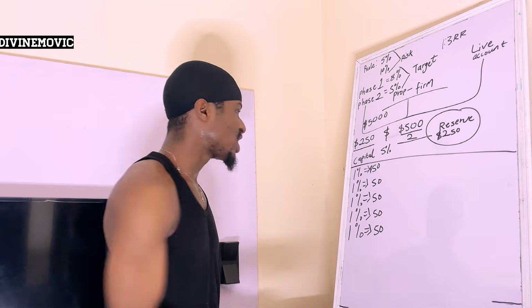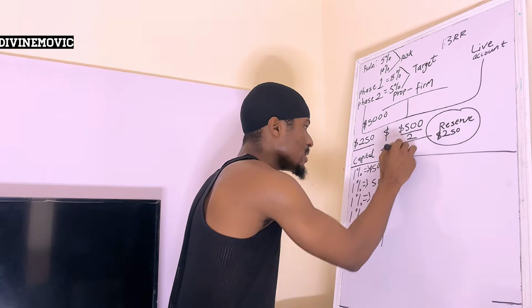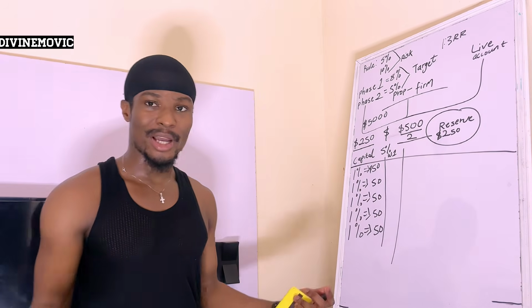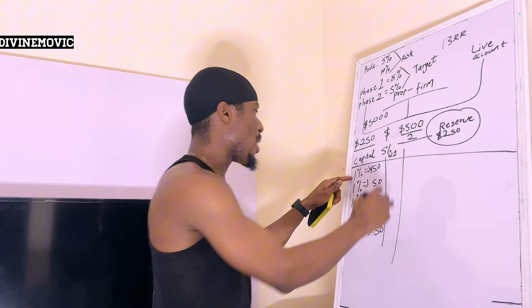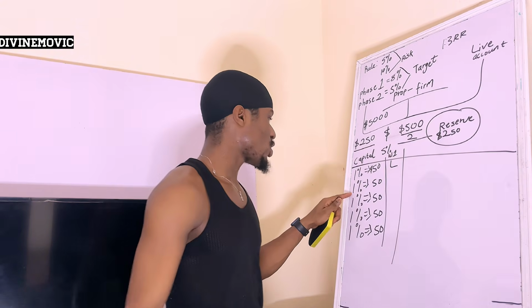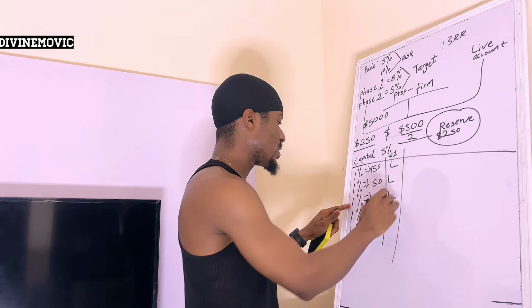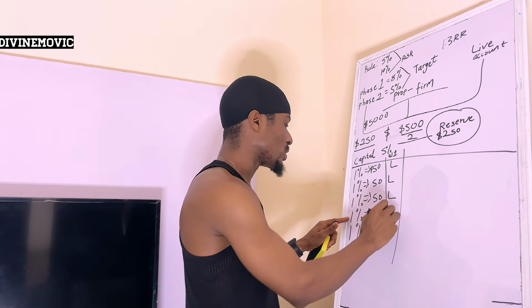And let's assume on the first week, Week 1, we took our first trade and we had a loss. Second trade, we had a loss. Third trade, a loss. Fourth trade, a loss.